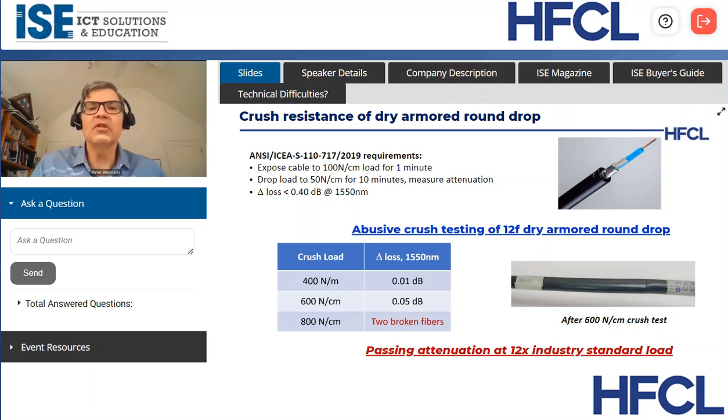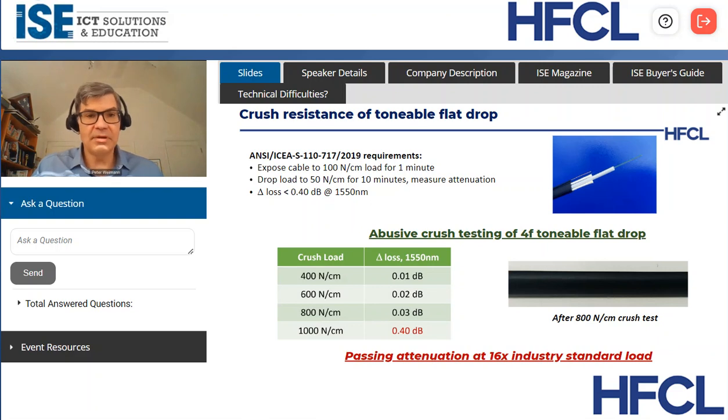And there's a picture of it. There's a little bit of imprint of the crush plate on the cable, but it's intact. The flat drop is even tougher. It's got two big rigid fiberglass strength members, where the round drop has fiberglass yarn reinforcements, and the two strength members almost act like the struts on a bridge carrying the load.